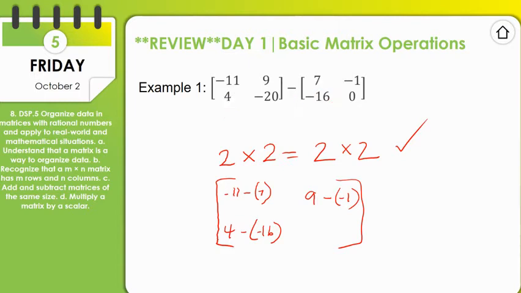Last, negative 20 and 0. Negative 20 minus 0 equals.